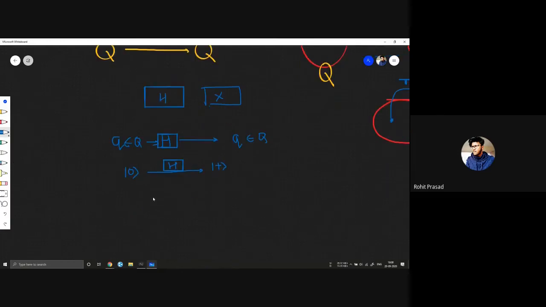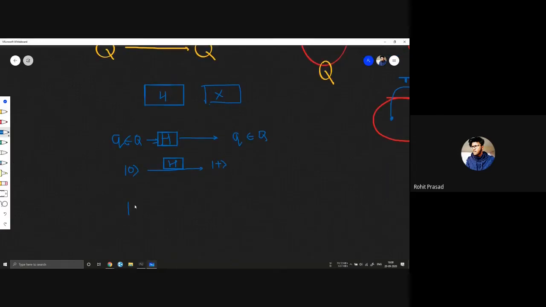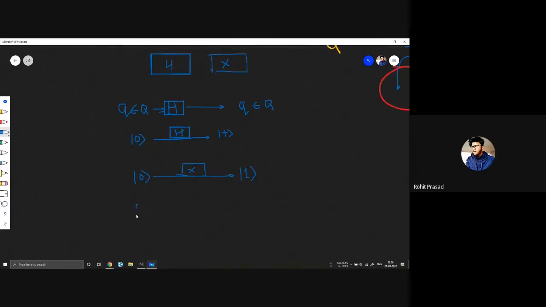Just like this one, if we take an X gate, what does it do? It takes 0 to 1. And if we take a random state like (X, Y) and apply an X gate, it flips it, right?